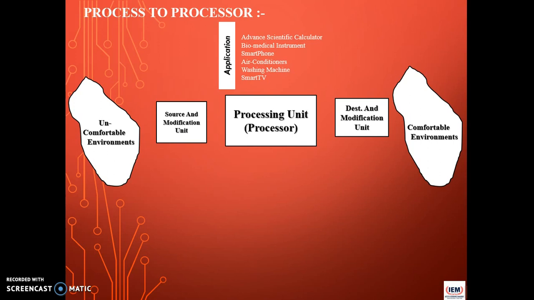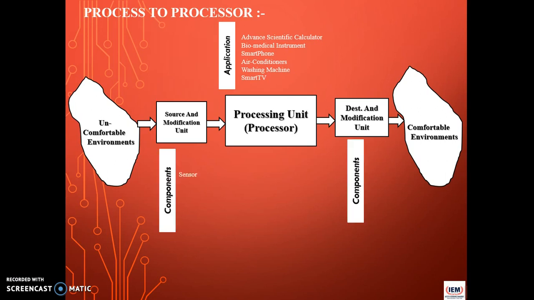Now the question is, which components are considered as the source and modification unit? We consider the source as a component which is analog, like a sensor. As per definition, a sensor is a converter which converts non-electrical to electrical pulses, like voltage or current, in analog form. The processing unit understands only electrical pulses in digital form.